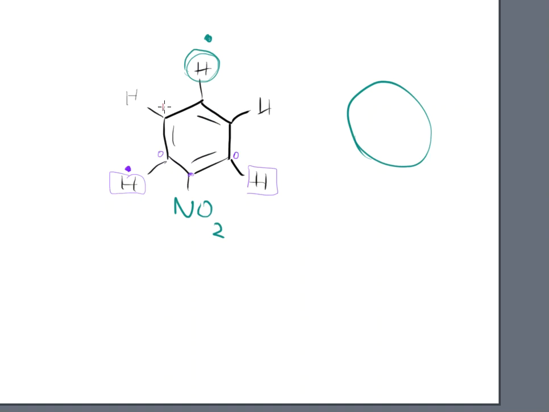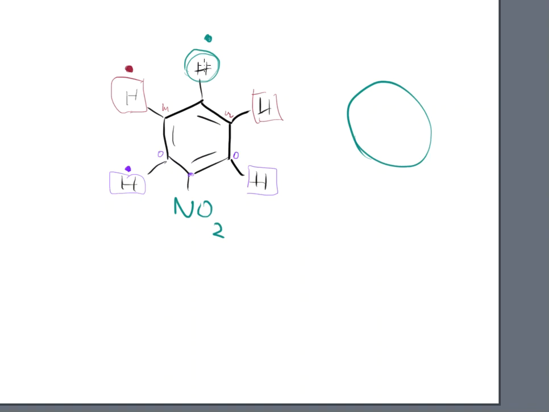This would be the meta position of the benzene ring. If I remove the hydrogen there and put a bromine there, that would be a bromo nitro, and that's a meta position. That would be the same as if I did it to the right-hand side. So those are identical. So ding, ding, ding, ding, ding, I get another signal. There's a second signal from that structure.